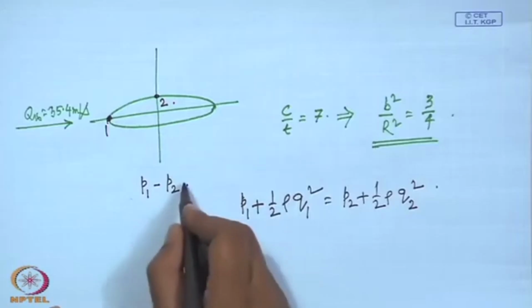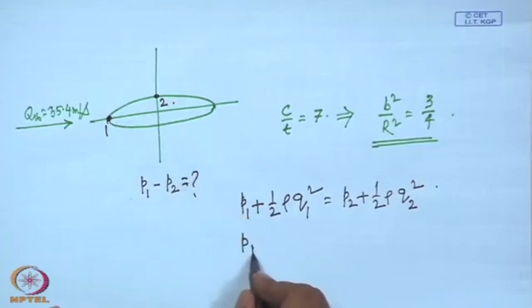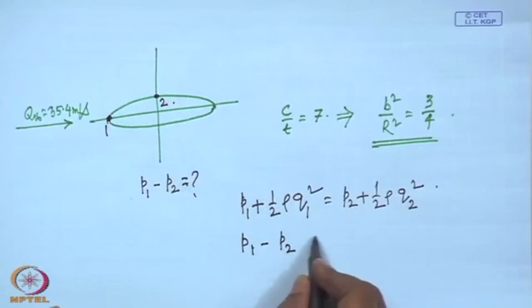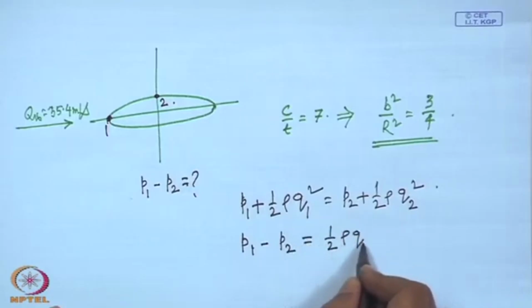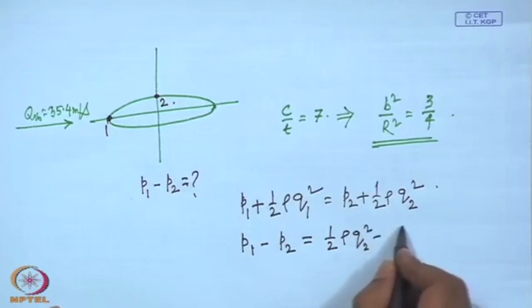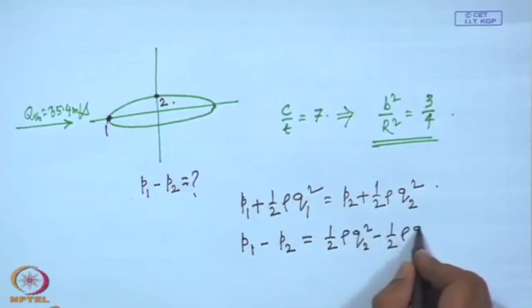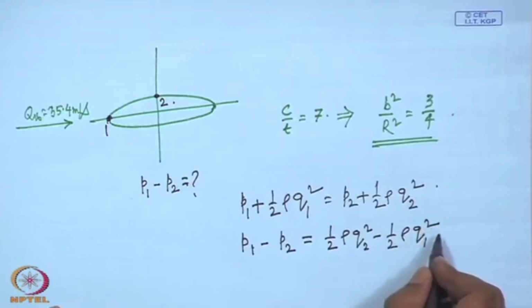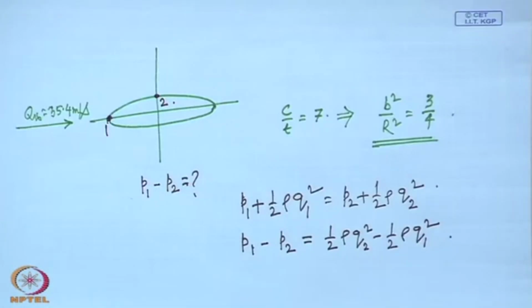So, what we want in essence is P 1 minus P 2 equal to half rho q 2 square minus q 1 square. Now q 1 is 0, that is the stagnation point. Of course, you can put it in the formula and check.